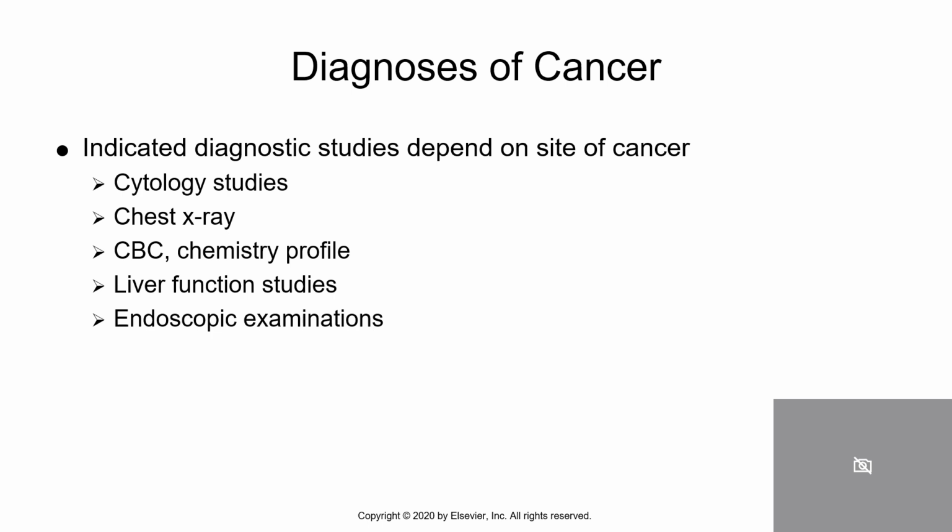I used to work in a doctor's office, and so if a patient had an abnormal pap smear, then the next step would be to do a colposcopy, where the doctor could do that procedure and look closer at the cells of the cancer. And then if needed, they would progress to what's called a punch biopsy, where they would actually take a sampling of the cervical tissue and send that off for the pathologist to look at and determine if cancer was present. So it's just really going to depend on the site of the cancer.